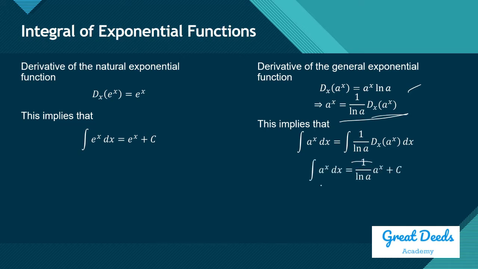And so the integral of a to the x dx is equal to 1 over ln of a times the integral of the derivative of a to the x dx. We move the constant outside the integral, and the integral of this with respect to x is just a to the x. Again, this is the immediate consequence of the fundamental theorem of calculus.